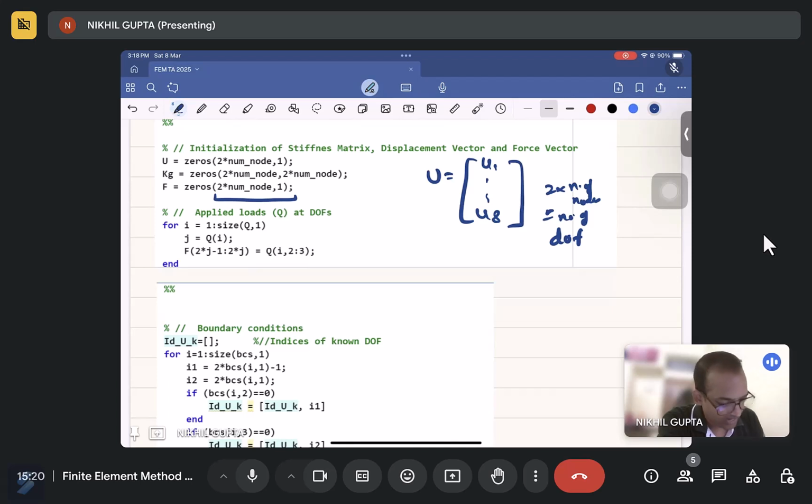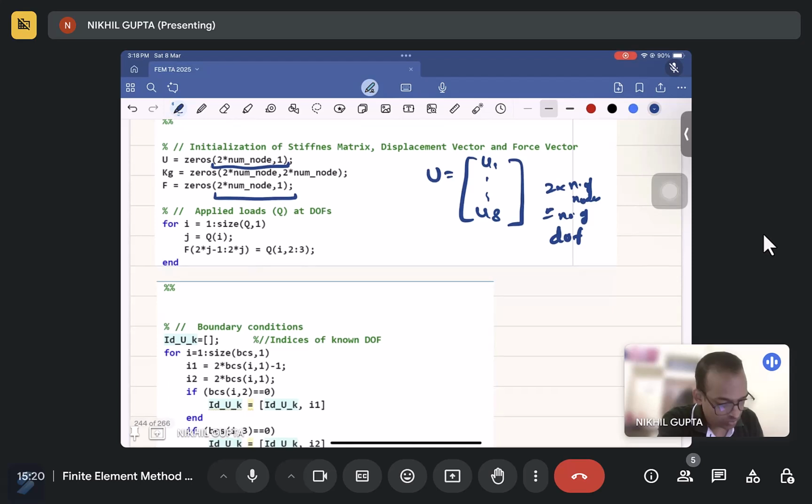So directly you can write 2 into number of nodes, comma 1. Similarly, the k matrix has the same size, so we have written it like this. And similarly, as u, f will have the same size, so 2 into number of nodes, comma 1. Now you have initialized these basic matrices.